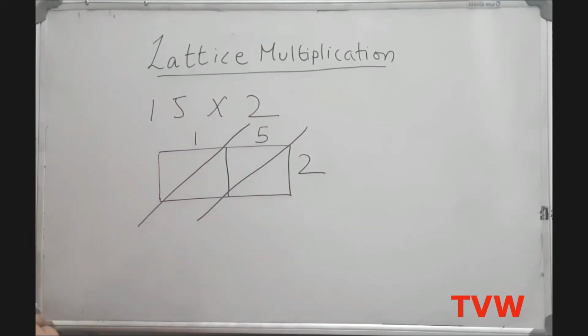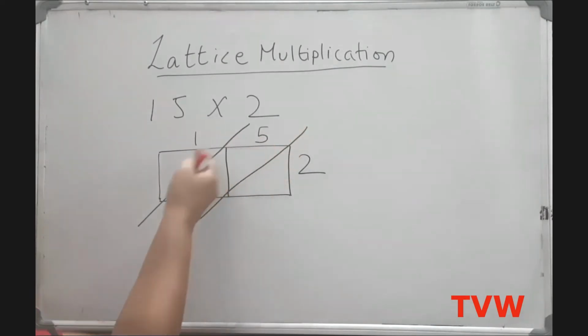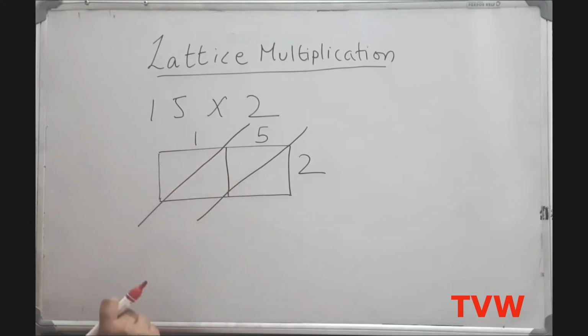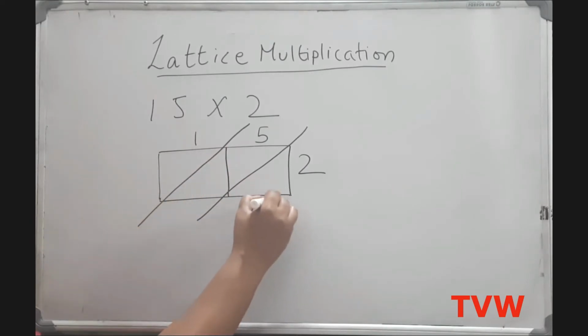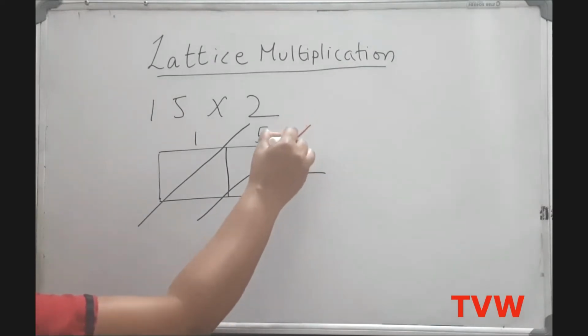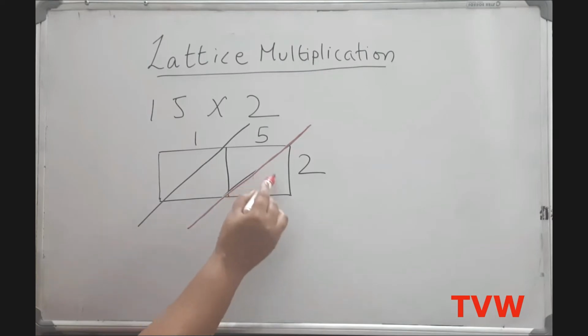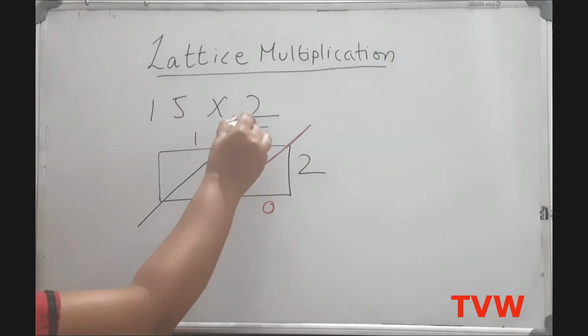But I need to know why I have divided this into triangles. Why I have divided is to decide the place. So this is the ones place. Whatever is below this first diagonal line is for the ones place.